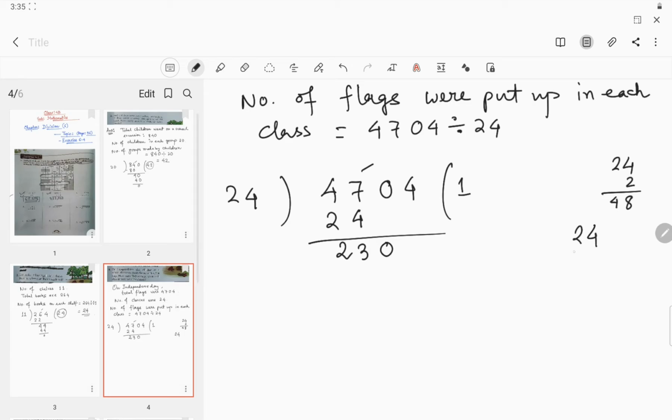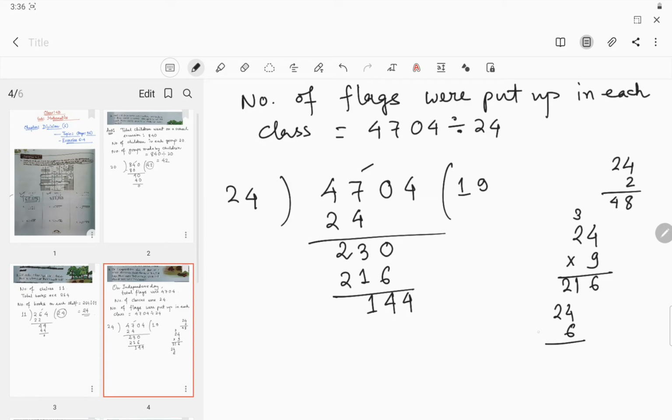Now multiply 24 by 9: 9 4s are 36, 9 2s are 18, 18 plus 3 is 21. Now write 9 in the quotient and it is 216. If you subtract, you will get 14 and bring down 4.